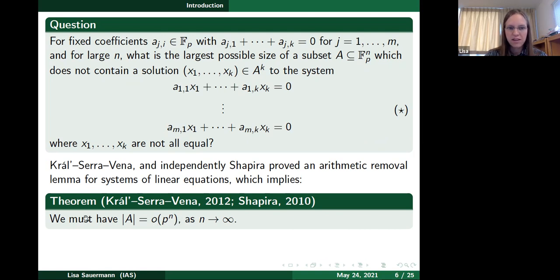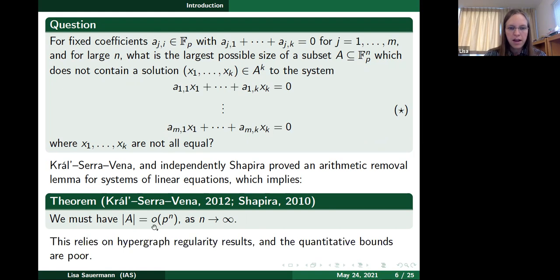So in some sense, this theorem tells us that the largest possible size of such a set A is small in the sense that it's little o of p^n.